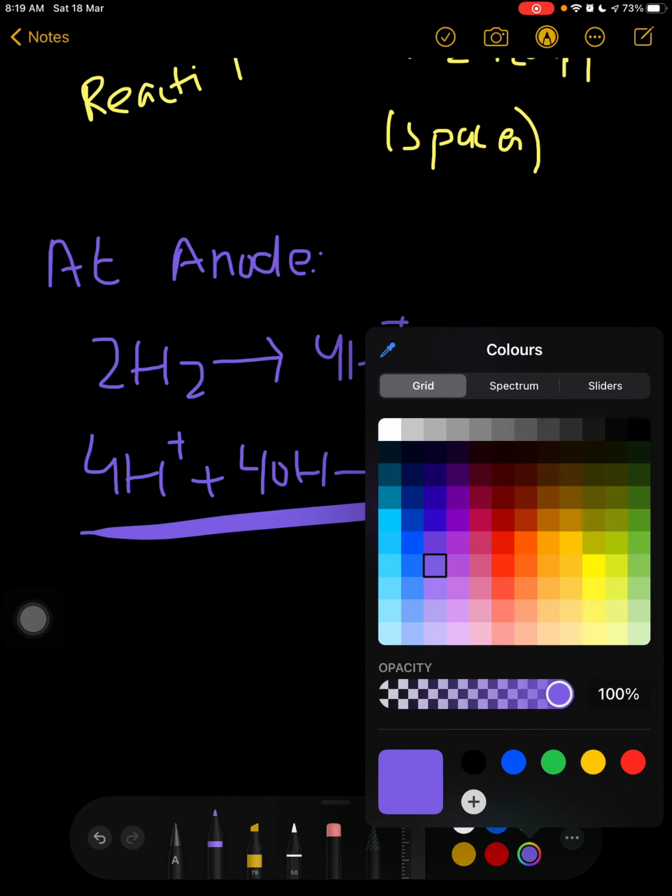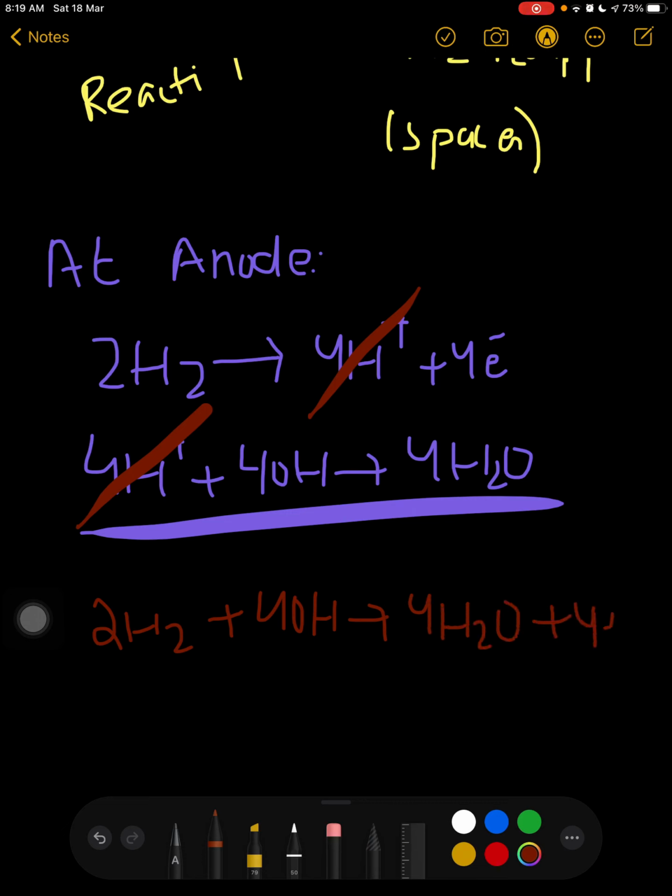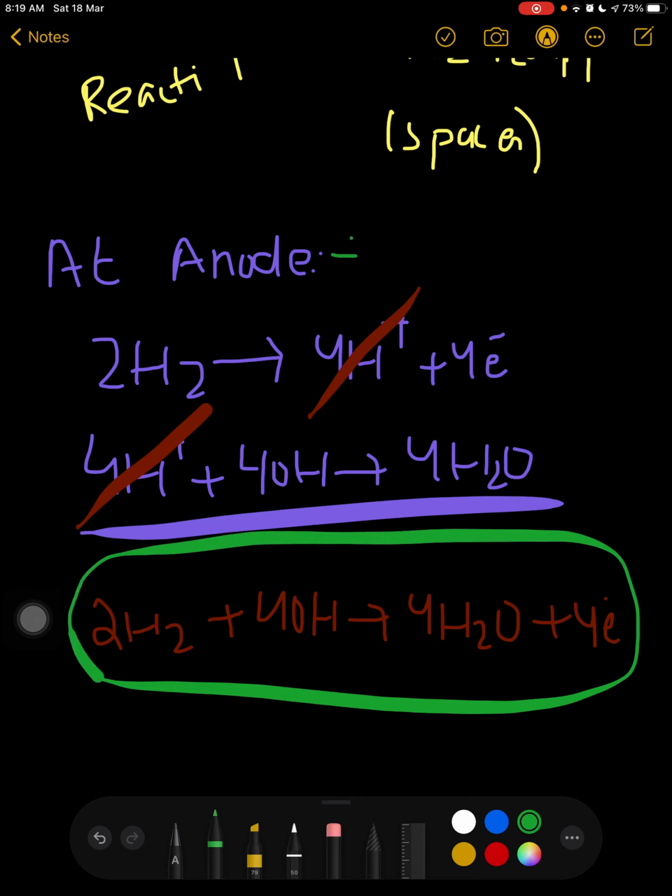Let's look into the overall reaction. These 4OH got cancelled. So we have 2H2 plus 4OH is equal to 4H2O plus 4 electrons. So this is the product of the anode reaction, where the oxidation takes place, right?